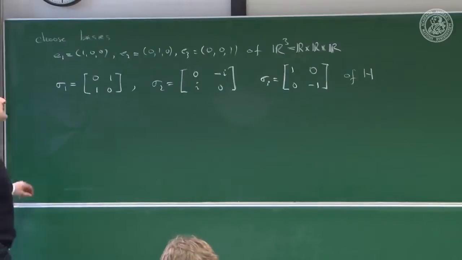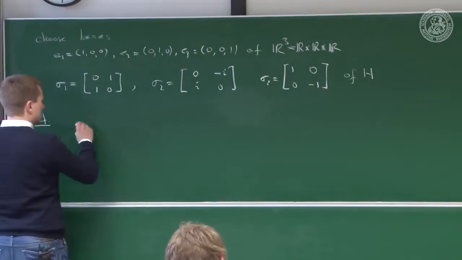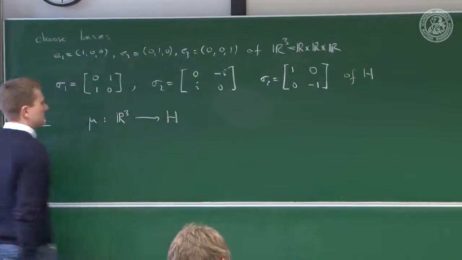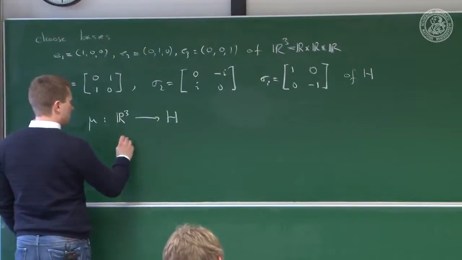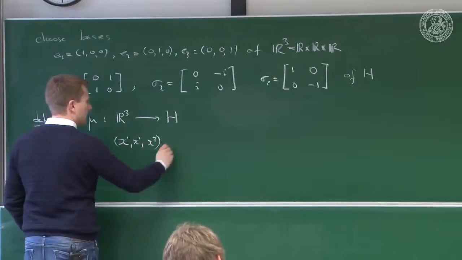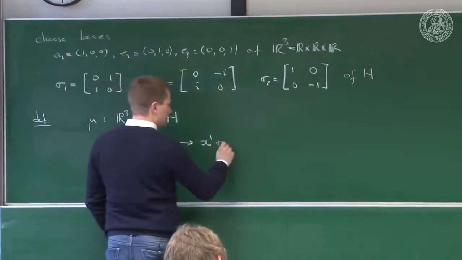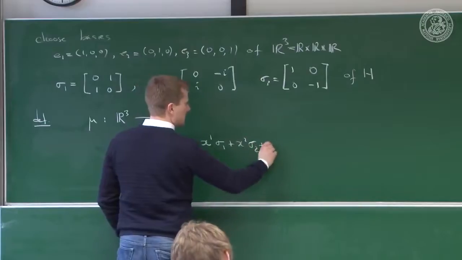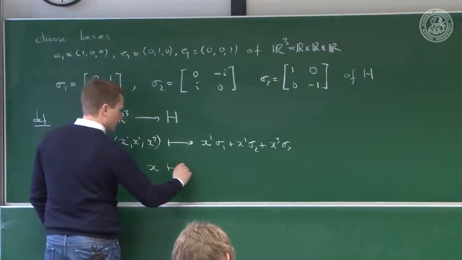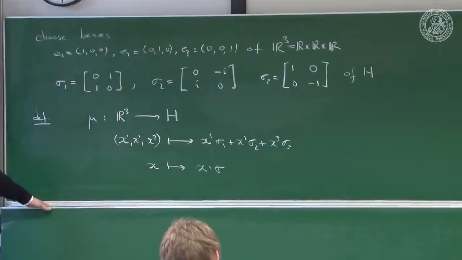So they must provide a basis of H. And now we want to explicitly construct an isomorphism, let's call it mu, from R3 into H. I do this by taking a triple x1, x2, x3, and mapping it to x1 sigma 1 plus x2 sigma 2 plus x3 sigma 3. Or if you want to write this in short form, you may want to write it like this, but this is the definition.